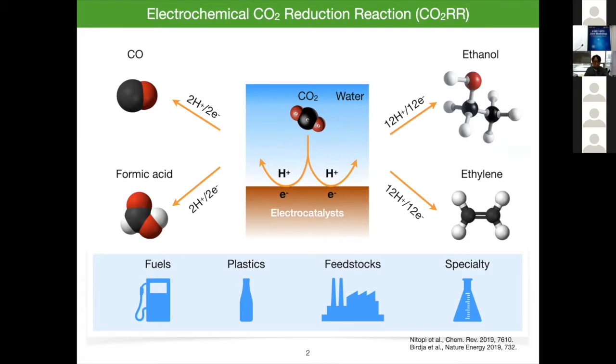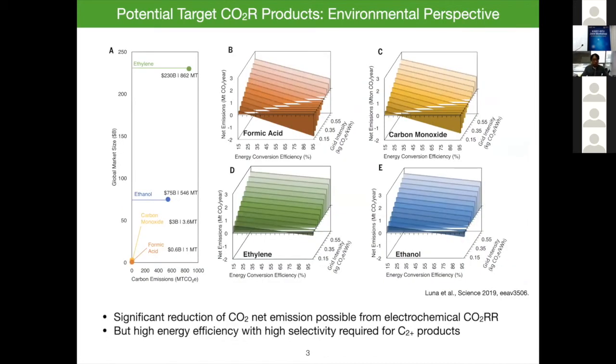All these products are well-known fuels and plastic feedstocks, and sometimes you can use them in specialty chemicals. Since CO2 reduction can produce many products, you need to target the material, and to do that, you have to consider its environmental impact and also its economics.